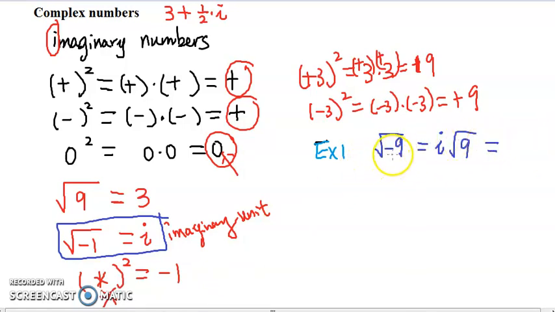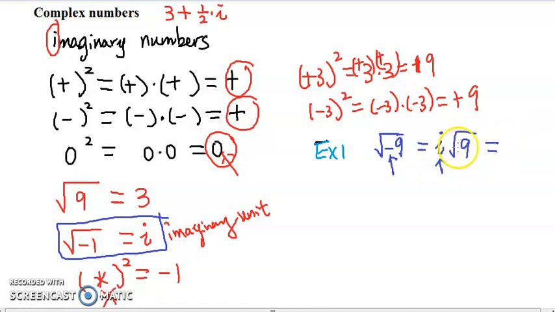Again, we know the square root of a negative number is not going to be a real number. It's going to be imaginary or complex. So first we have to put an imaginary unit i, and then get rid of that minus sign, just make it a positive, because this i represents the square root of -1 already.